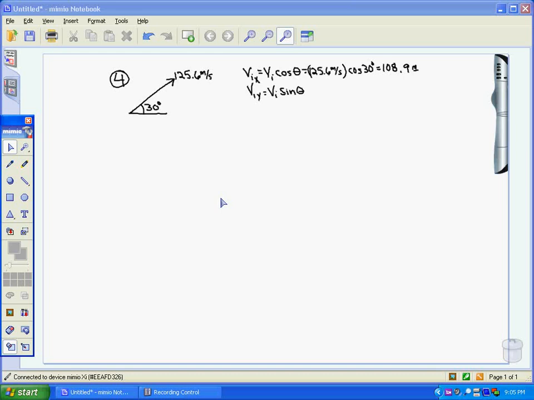And for the VIY, this is going to be equal to the initial velocity of the projectile times sine of 30 degrees, which is equal to 62.8 meters per second. At this point, I then need to answer the questions.